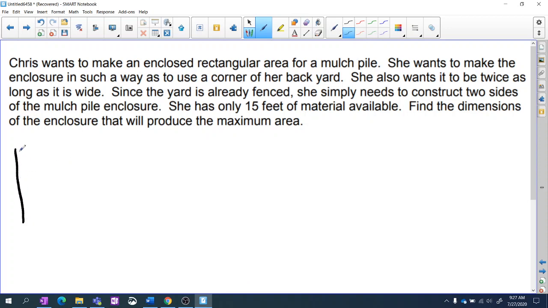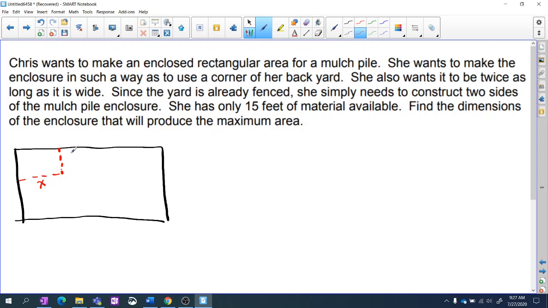So her backyard is already rectangular, something like so. She wants to put something in the corner, like so. It's a rectangle, which is x. She also wants it to be twice as long as it is wide.